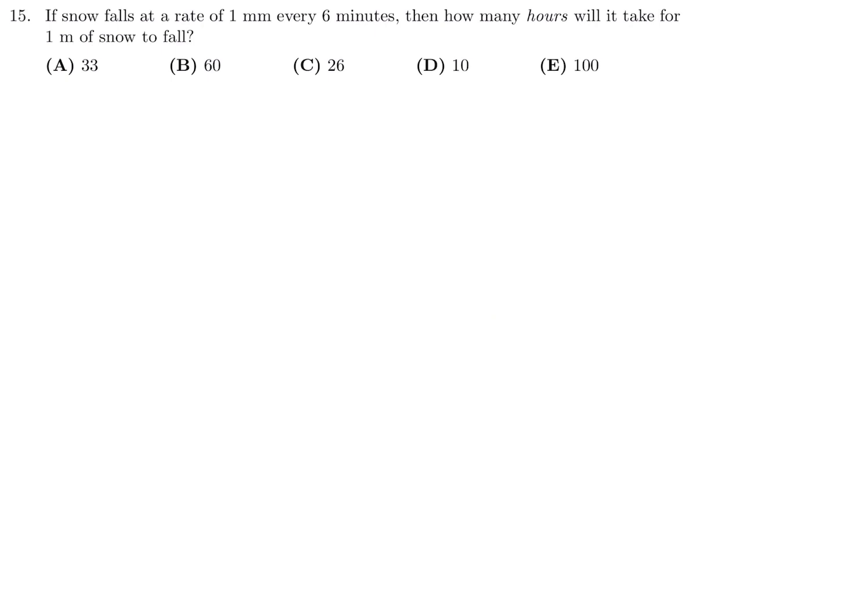If snow falls at a rate of 1 millimeter every 6 minutes, then how many hours will it take for 1 meter of snow to fall? 1 meter is 100 centimeters, because you multiply by 100, and then to get millimeters, you multiply by another 10 to get 1,000 millimeters. Now, 1 millimeter is happening every 6 minutes.